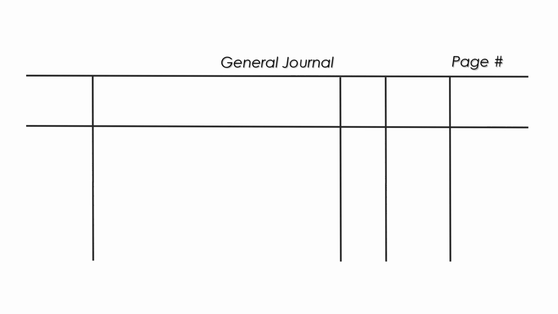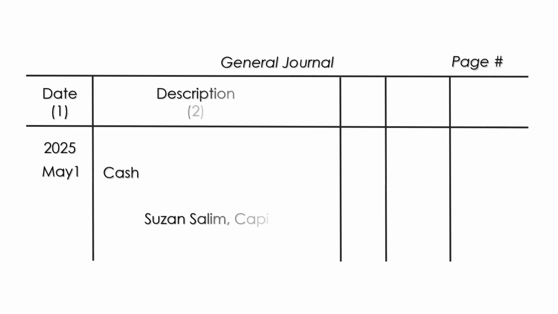Now let's take a closer look at how to record entries in the General Journal. First, we enter the date of the transaction to establish a timeline. In the description column, we list the account to be debited first, followed by the account to be credited, which is slightly indented for clarity. To the right, there is a column labeled PR, short for Posting Reference.